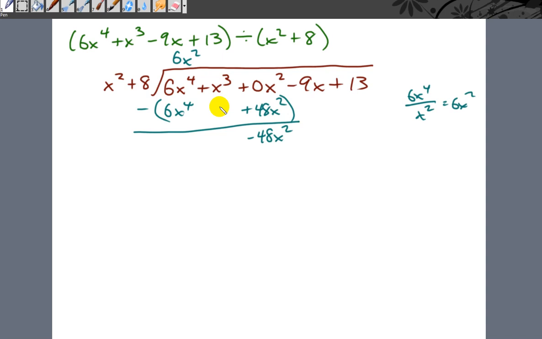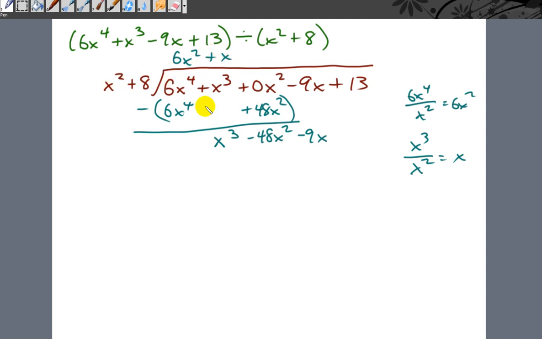And then what's interesting here is this one has come down as well as this one, because something interesting happened here. So we have x cubed and we have a minus 9x. Next, we need to compare these. So we have x cubed divided by x squared, and that's going to be x. So we have positive x here.